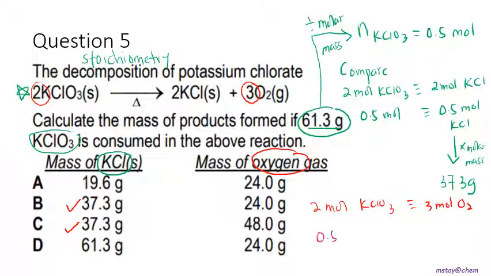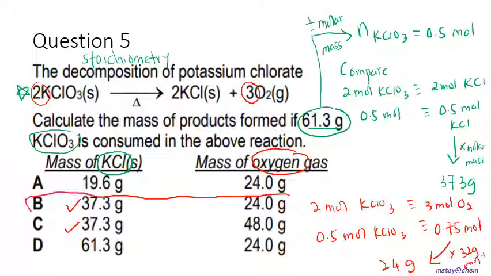If we have 0.5 mole of KClO3, it will produce 3 times 0.5 is 1.5, 1.5 divided by 2 is 0.75 mole of oxygen gas. Same as before, multiply by the molar mass of oxygen gas, which is 32 grams per mole. You will get the answer 24 grams. So the answer will be option B.